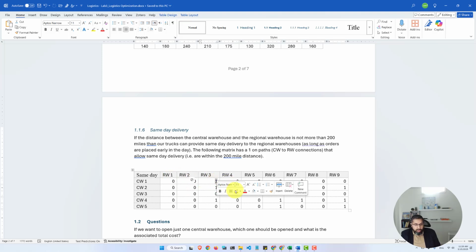For example, the one here shows us that central warehouse 1 is within 200 miles of regional warehouse 3, so it can replenish regional warehouse 3 on the same day, less than 24-hour lead time for replenishment. But it's not going to be able to do that for regional warehouse 1 and 2 because they're further away.